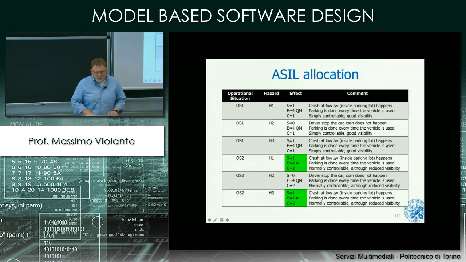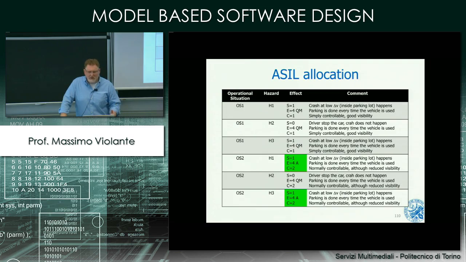So in our scenario, for all the conditions where we have good visibility and 2 vehicles involved, we have QM.